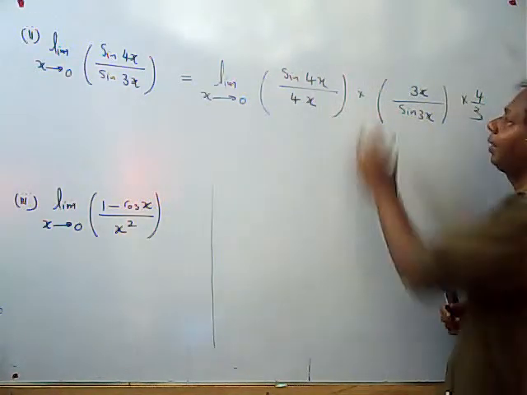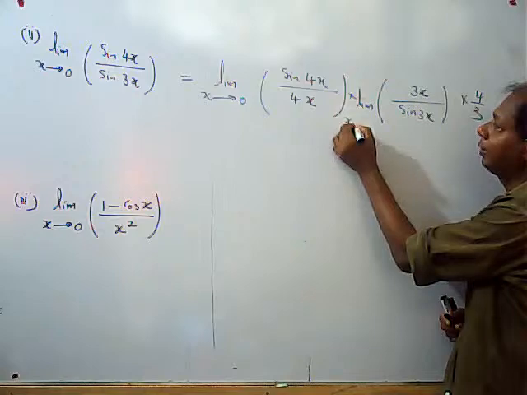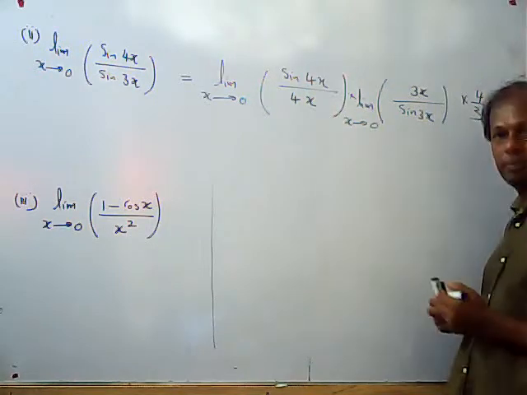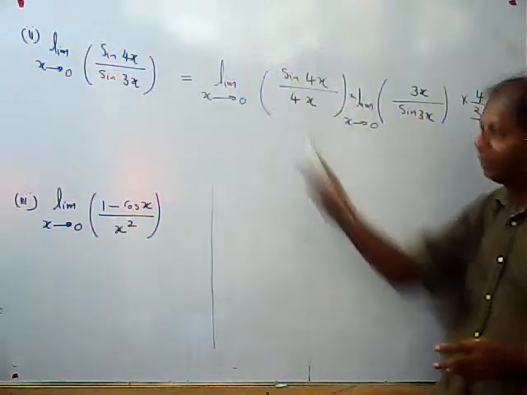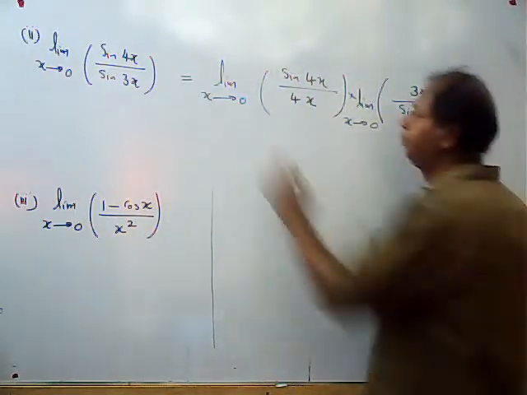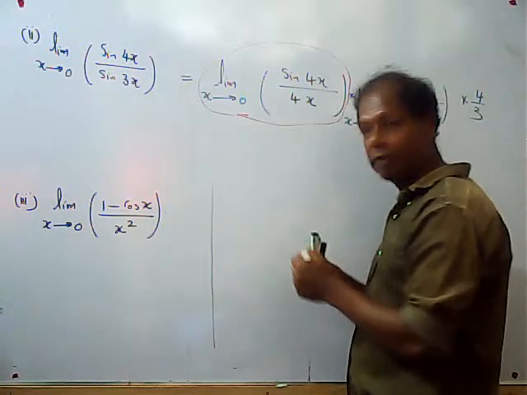At the same time, I can take the limit of this separately. We have a theorem for that. Now there is no problem with this part by our theorem. There is one problem here.